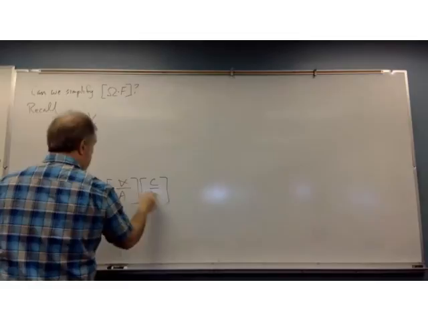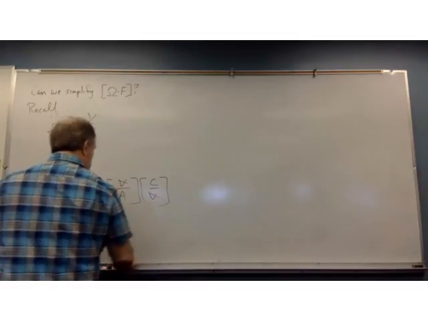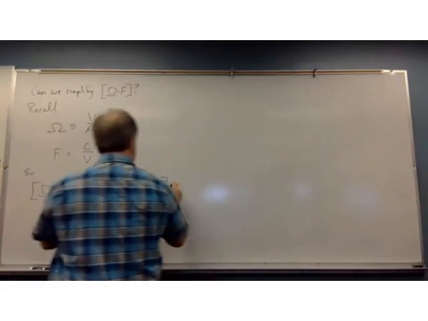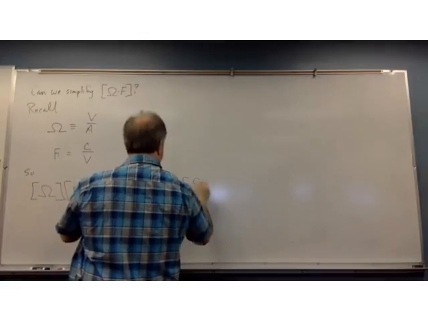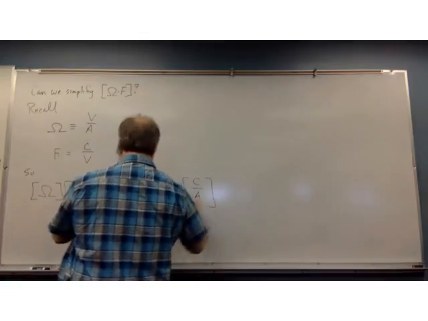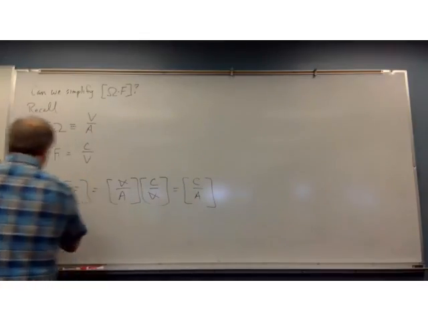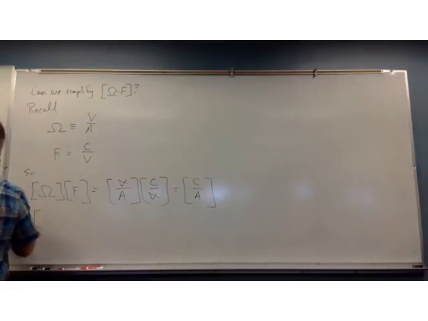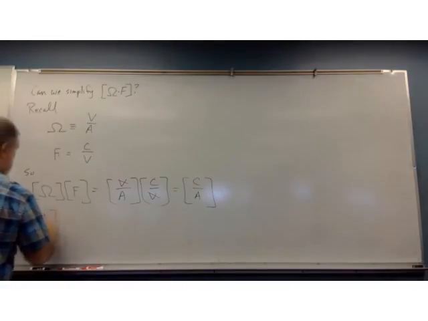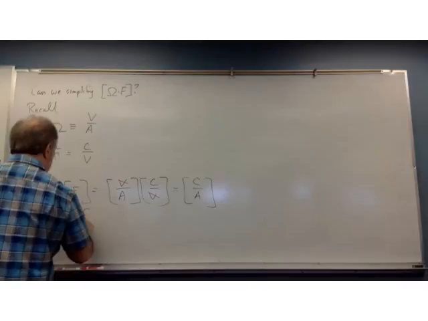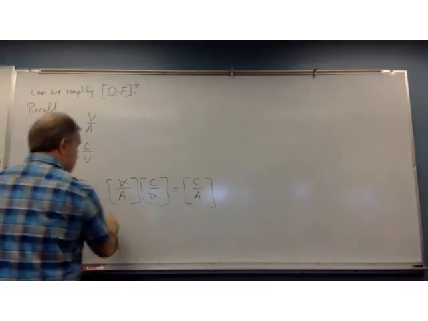The volts divide out, which leaves us with coulombs per amperes. But an ampere is a coulomb per second.